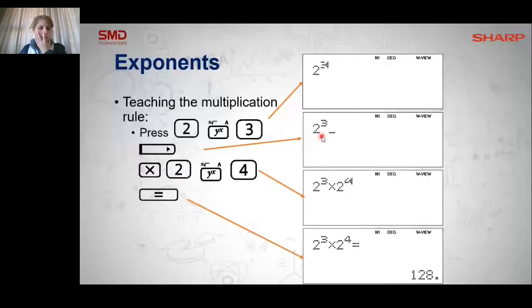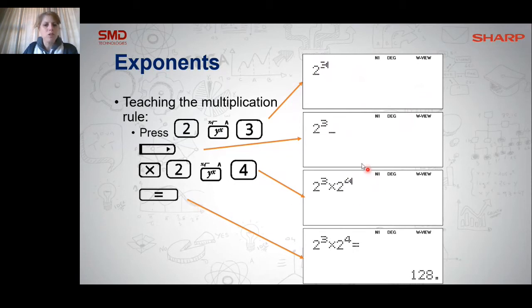Okay, cool. So I'm going to go back to algebra then, and we'll walk through these things. So what's really, you can actually teach the exponent rules on your calculator, okay? So we have 2 to the power of 3 times 2 to the power of 4 gives us 128, right?